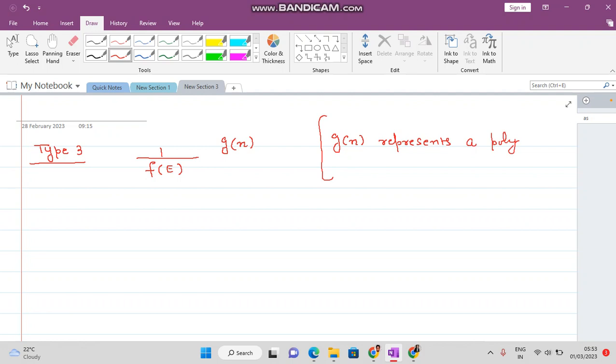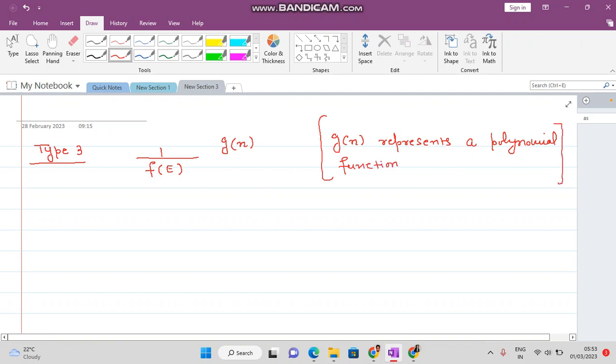Whenever you see any polynomial function, we convert this E to 1 plus delta, and we change g of n to g of n factorial.